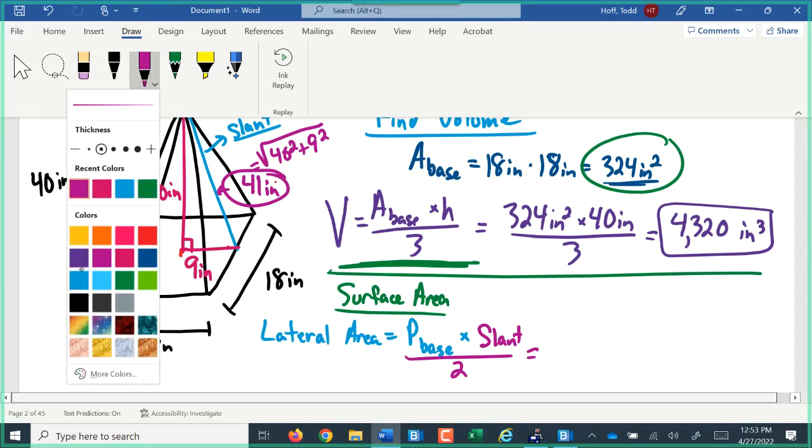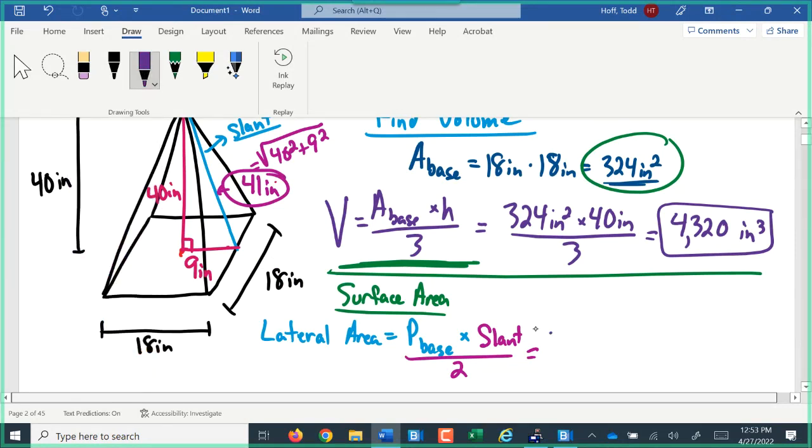Perimeter of the base is 72, right? Yeah, 18 times 4. So 72 times the 41 divided by 2.